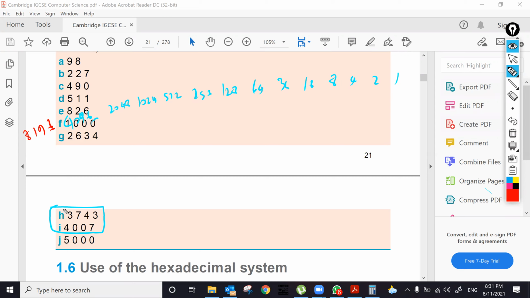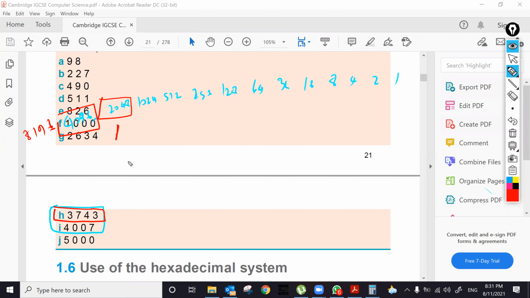If you want to get the binary value of 3743, you can't get this one, 4096 is more than that. So then you have to start from here.